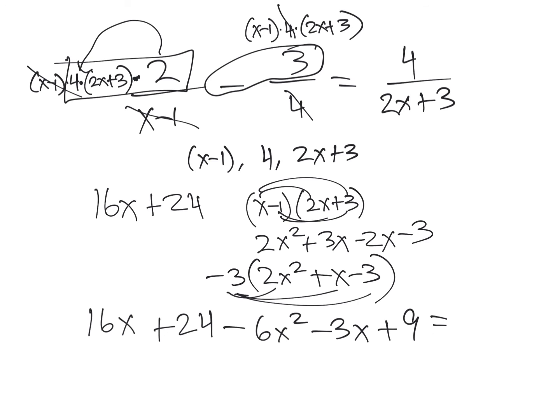And then the right side, you have to multiply by the same thing. x minus 1 times 4 times 2x plus 3. So there's a reason we don't combine those terms to get those factors together. We want to notice what reduces out.